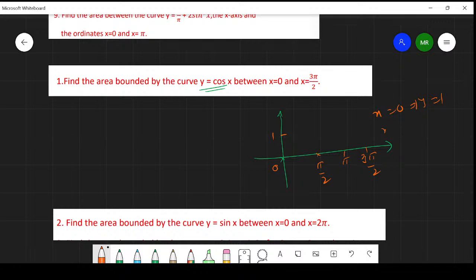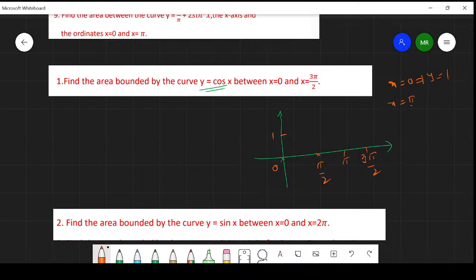When x is equal to pi by 2, cos pi by 2 will be 0, right? I am giving an idea about these values to draw the graph of this.